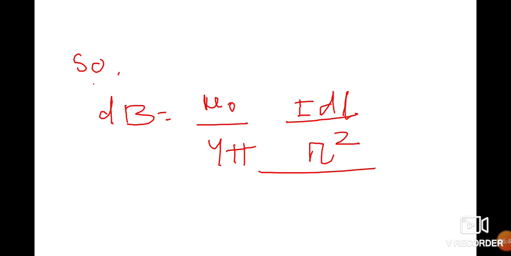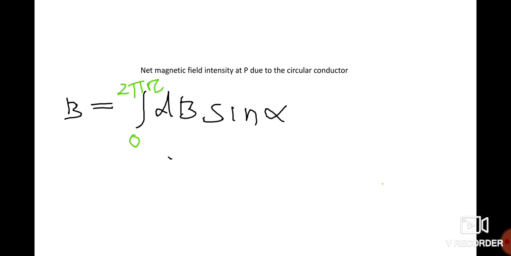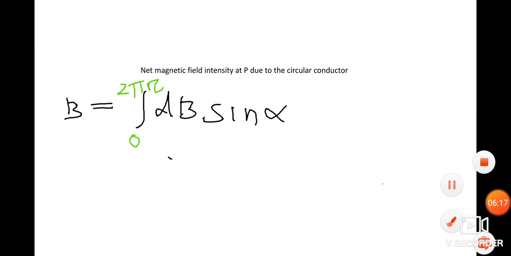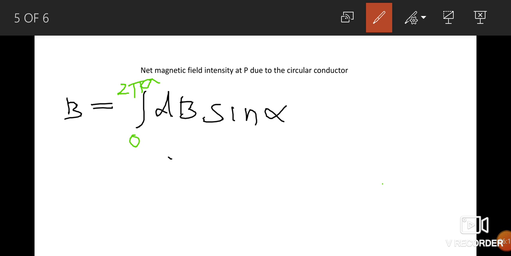We have the magnetic field intensity for the small section dl. For the net magnetic field intensity at P due to the circular conductor, B is equal to integral of dB sin alpha from 0 to 2 pi a, which is the circumference of the circular conductor.